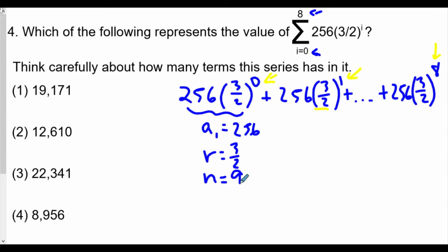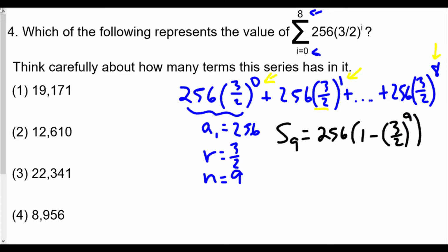And so we have here the formula: S of 9 terms is equal to a1, which is 256, times 1 minus parenthesis 3 over 2, close parenthesis, to the 9th power, all over 1 minus parenthesis 3 over 2.